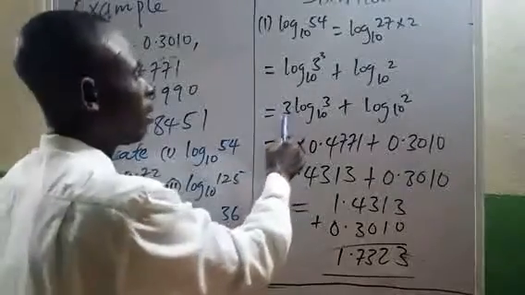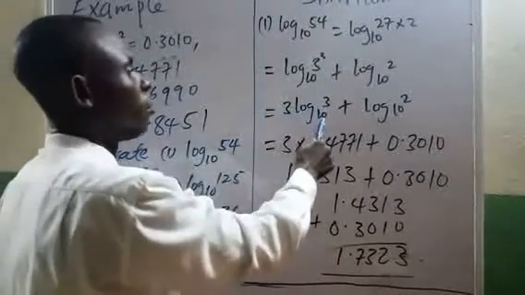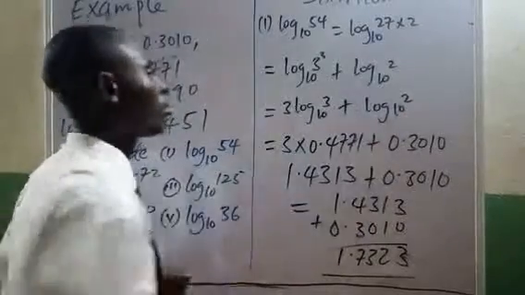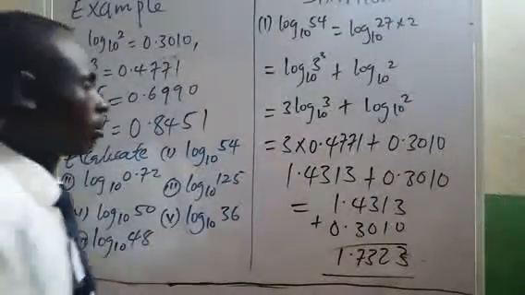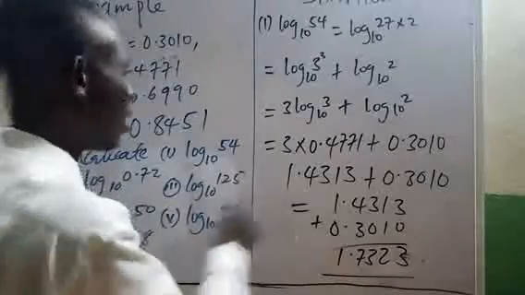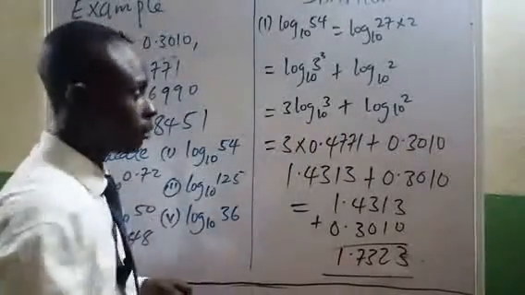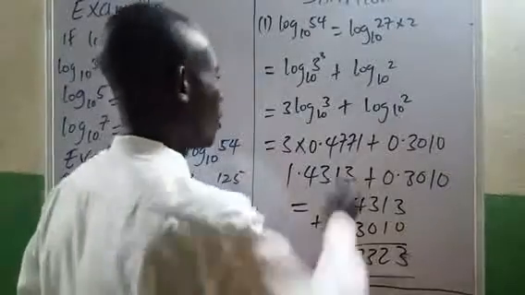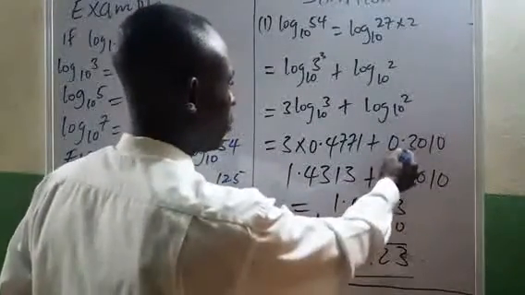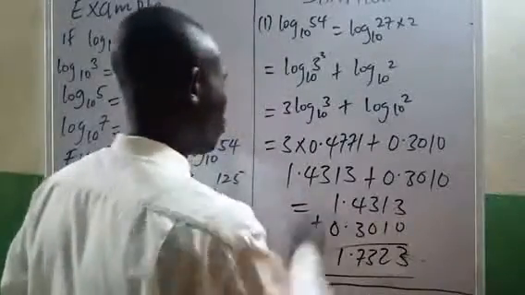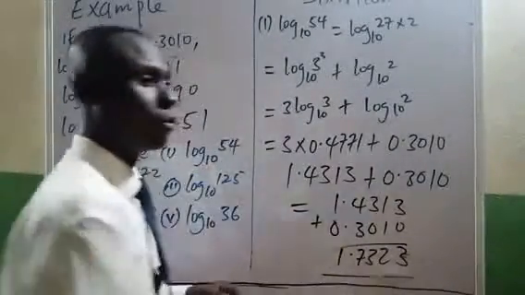So we have 3 log 3 to base 10 plus log 2 to what? Base 10. So substitute the values. Log 3 base 10 is 0.4771 plus 0.3010. And if you simplify that, this will be your final answer.